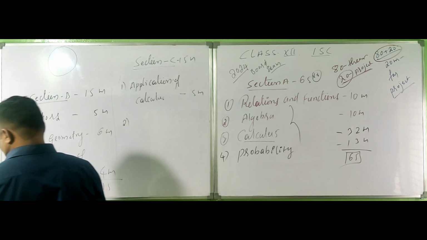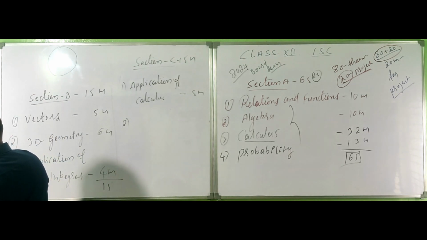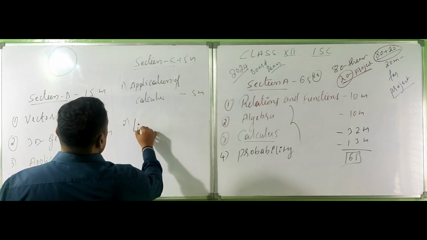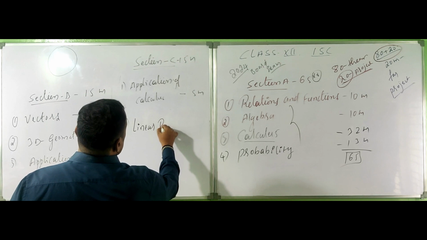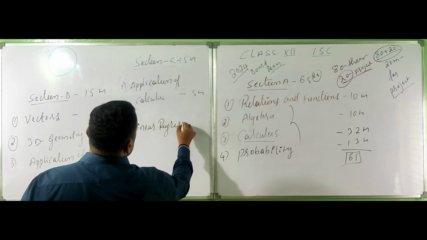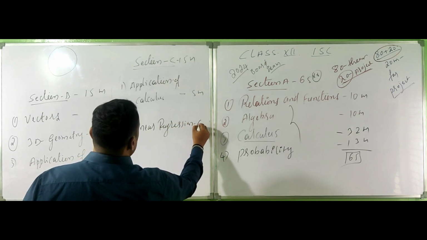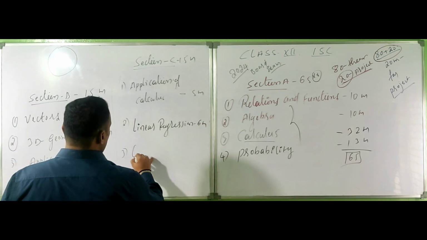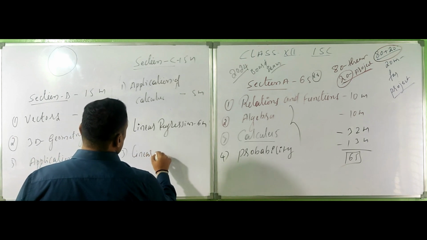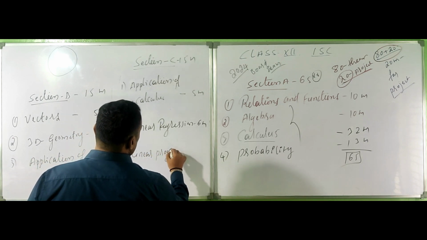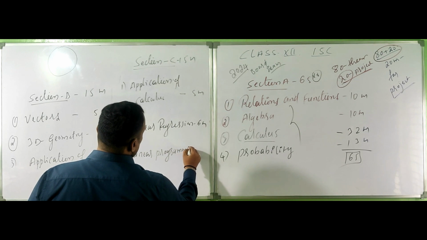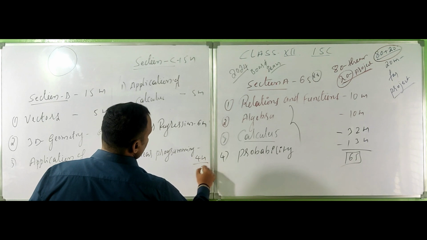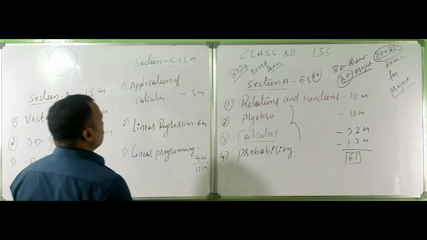The second one is linear regression, 6 marks. And the last one is linear programming, again 4 marks. So this is the 15 marks, right?